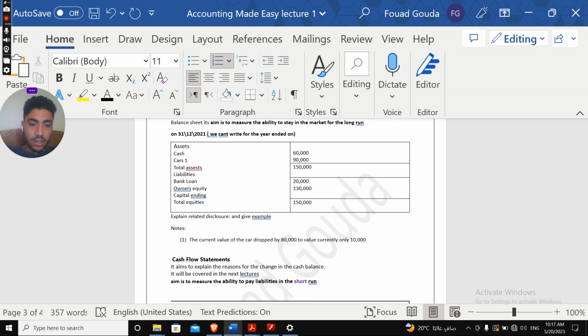And I can write the date on, for example, 31/12/2021. That's called a related disclosure.